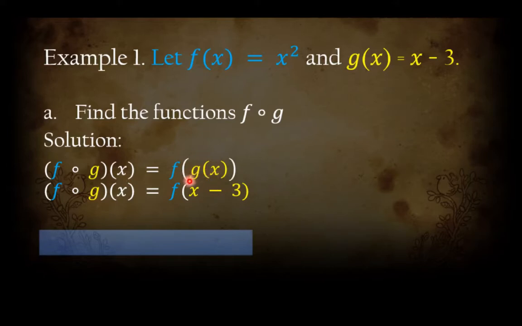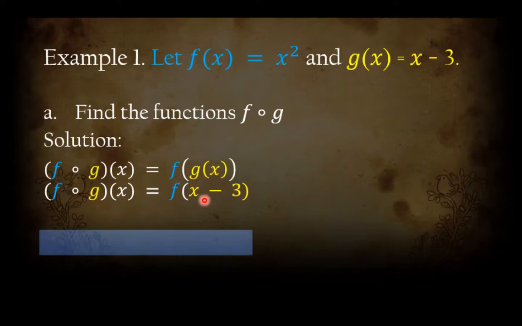In this case, alam naman natin ang g of x ay x minus 3. So since ang x ay hindi naman siya real number, just a variable, wala tayong gagawin dyan. We will just plug in the x minus 3. Ipa-place natin si g of x sa x minus 3 dito. Kaya siya magkakaroon ng x minus 3.